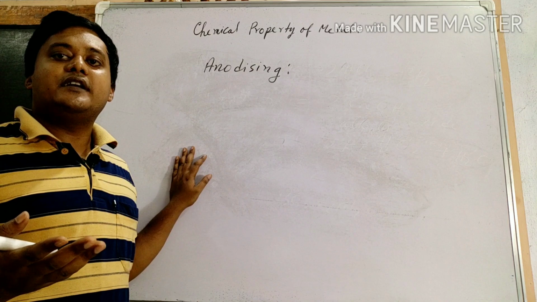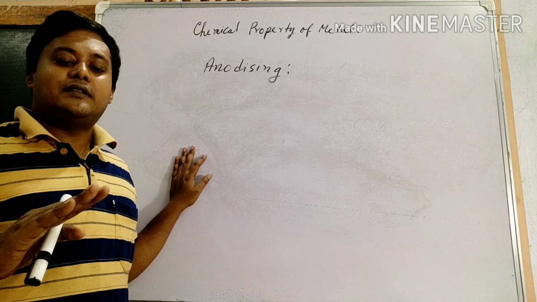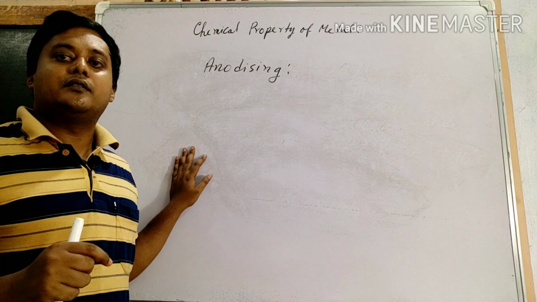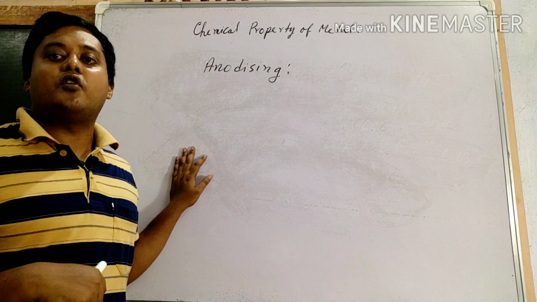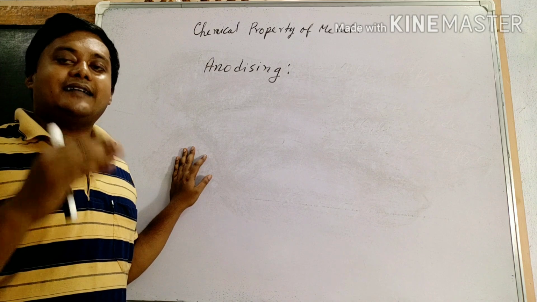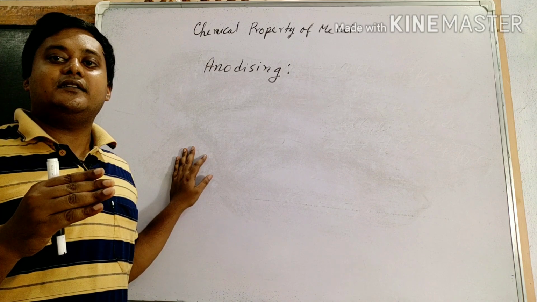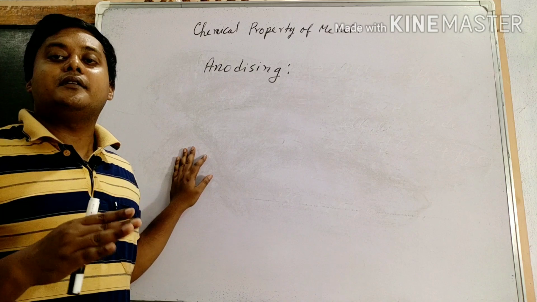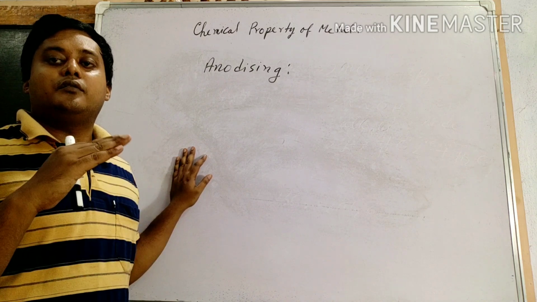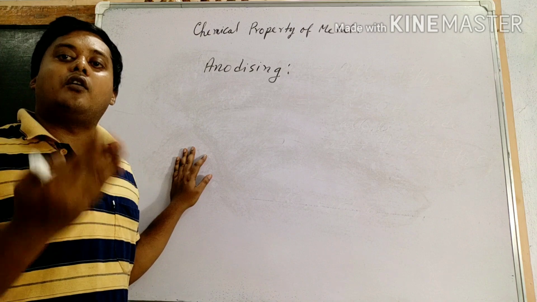After a few days of use, you will see that the glow is no longer there. Why? Due to formation of that aluminium oxide layer. That aluminium oxide layer acts as a protective layer. It prevents the aluminium from further oxidation.